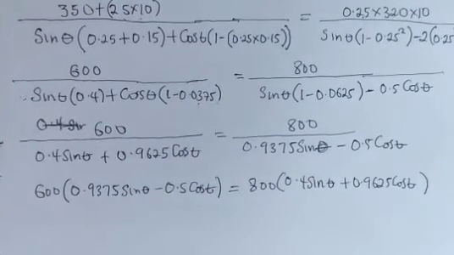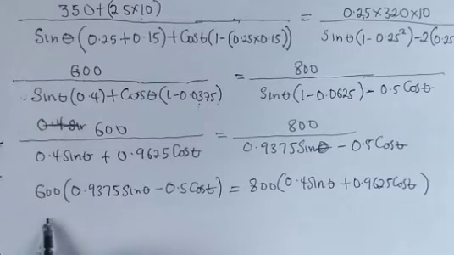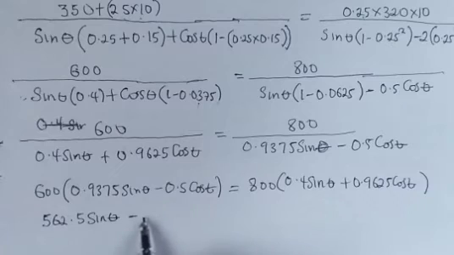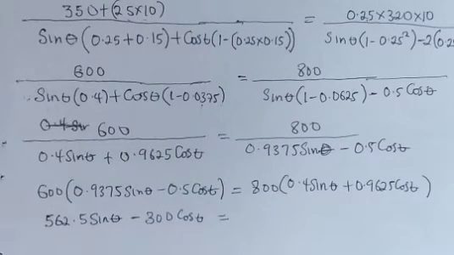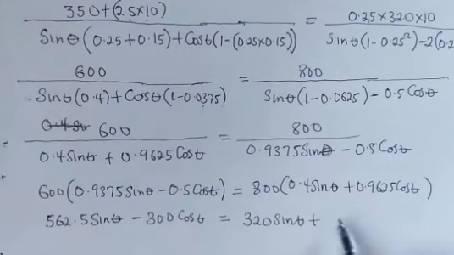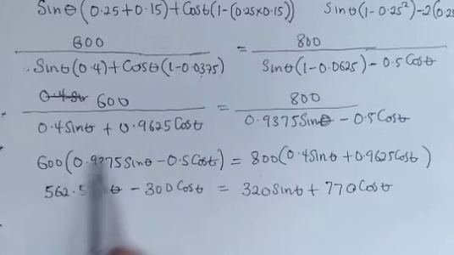From here, if I expand, 0.9375 multiplied by 600 gives 562.5 sine theta, minus 0.5 times 600 gives 300 cos theta, equals 800 times 0.4, which gives 320 sine theta, plus 800 times 0.9625, which gives 770 cos theta.